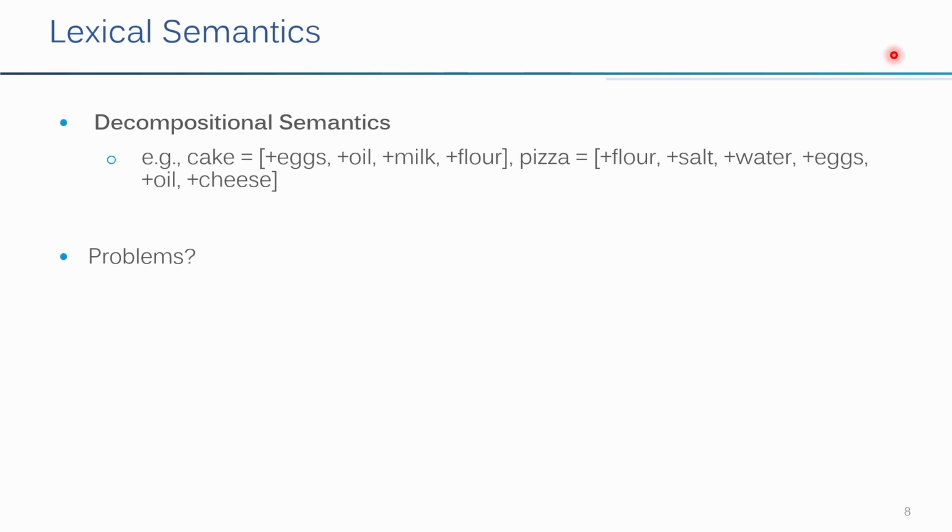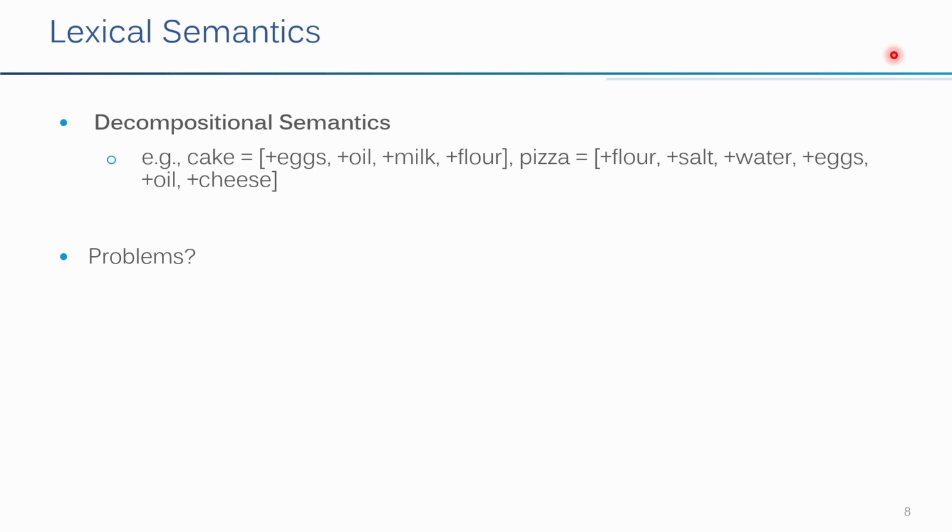It's something made of, a set or a tuple or whatever, of elements composed of eggs, oil, milk, flour, and if I think about pizza, I'm talking about flour, salt, water, eggs, and so on and so forth. Do you see a problem with this kind of representation? It might be quite useful though. Yep. If you have to define that for every word, it could be problematic. Exactly. It's an endless job, right?